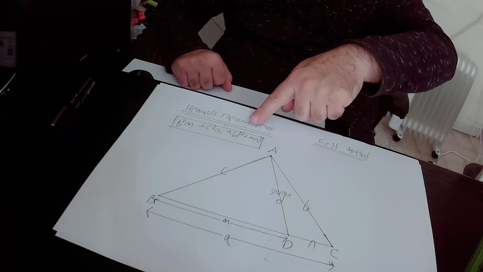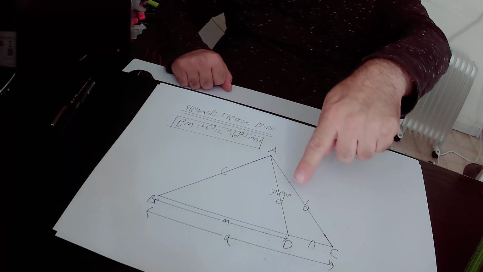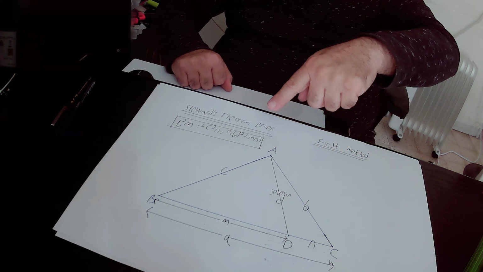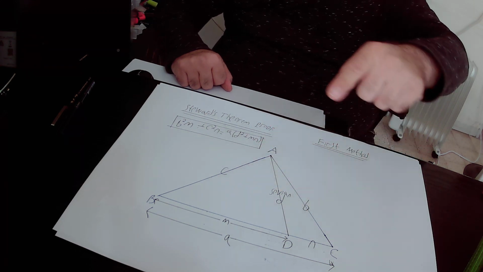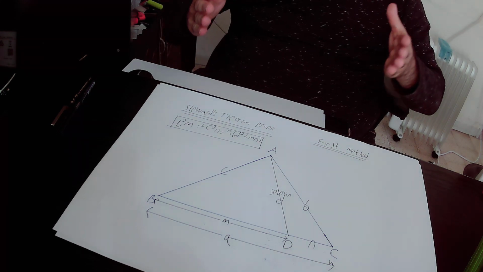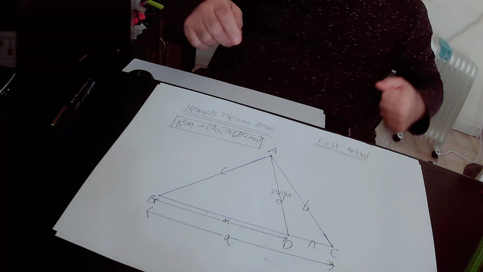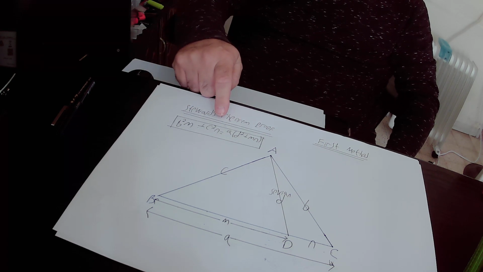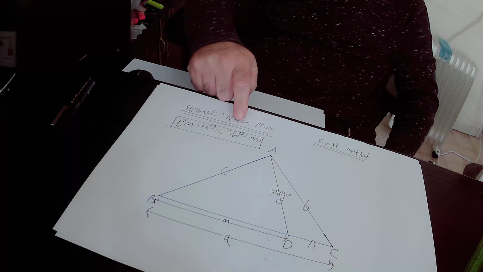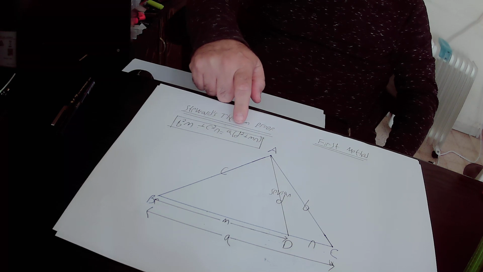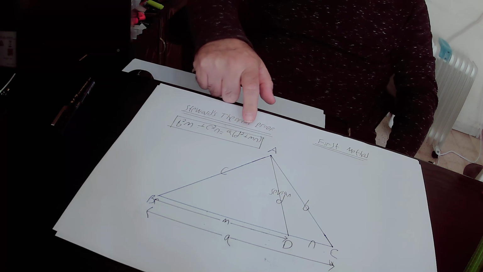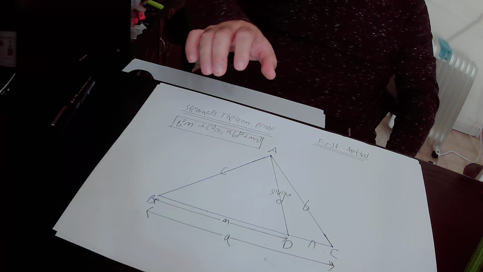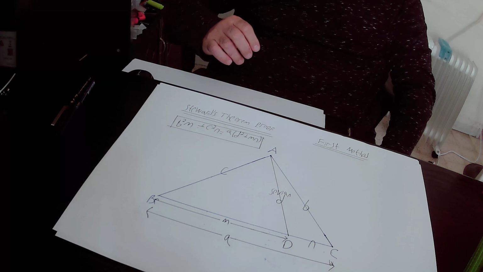Inside the brackets we have d squared, the length of the cevian squared, plus m times n. So we have to prove that this equation is true.